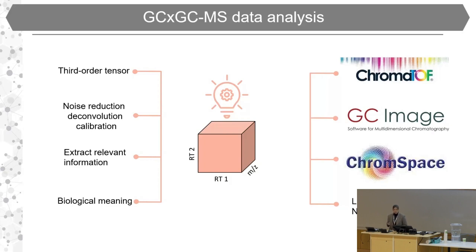Consequently, when we analyze multiple samples together, we obtain highly complex data sets that are four-dimensional. This complexity can also be beneficial, as it allows the use of advanced data analysis tools that take full advantage of the high-order tensor structures.